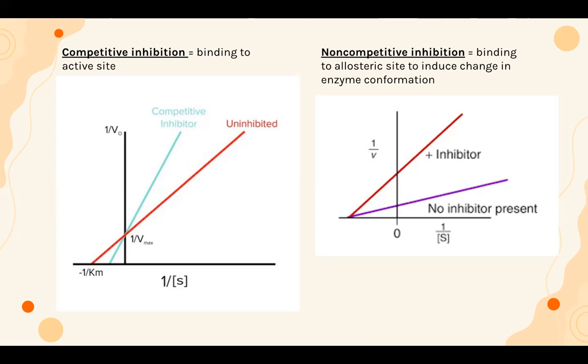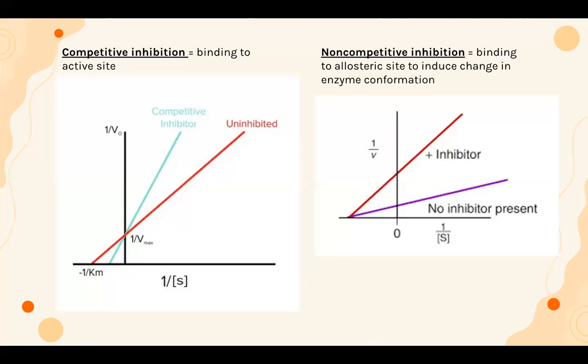Hold on, let me make sure I said that correctly. Hey, Vmax will decrease in the presence of an inhibitor.